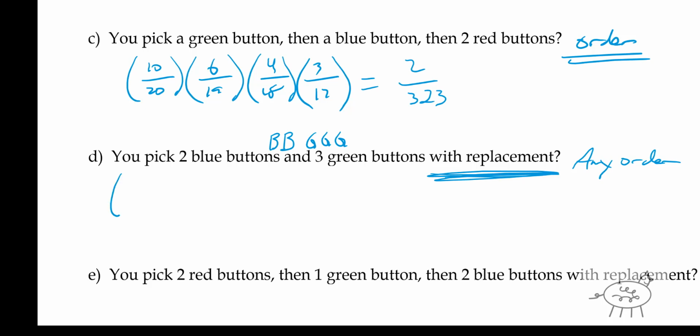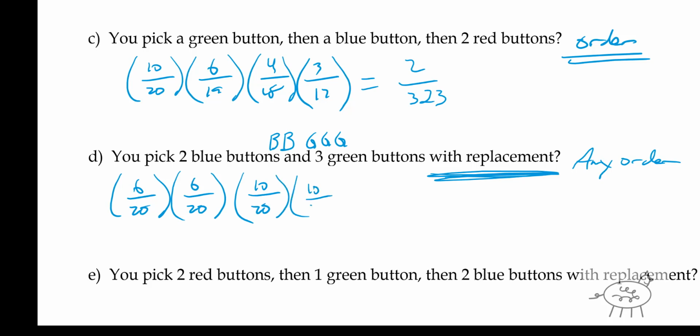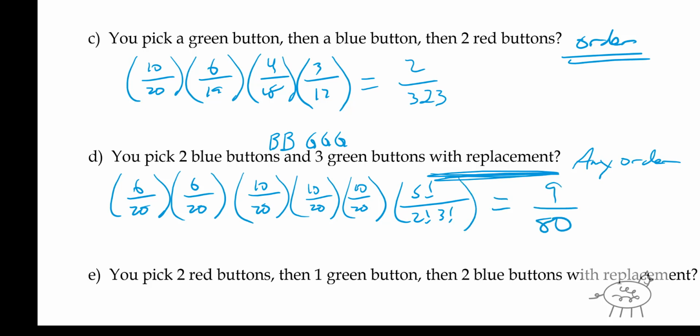So it's going to be 6 out of 20 times 6 out of 20 times 10 out of 20 times 10 out of 20 times 10 out of 20 times 5 factorial over 2 factorial, 3 factorial. So it gives you just 9 over 80.